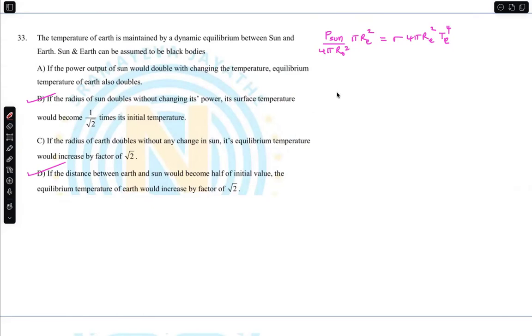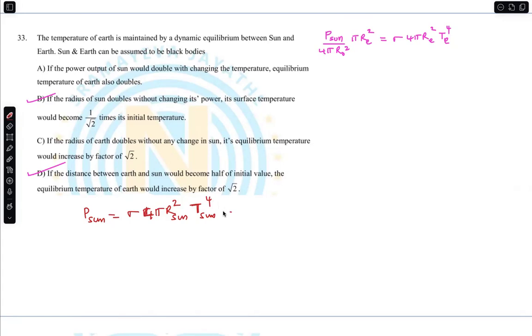Now you already know the power emitted from the surface of the sun is sigma into 4 pi R sun squared times T sun to the power of 4.